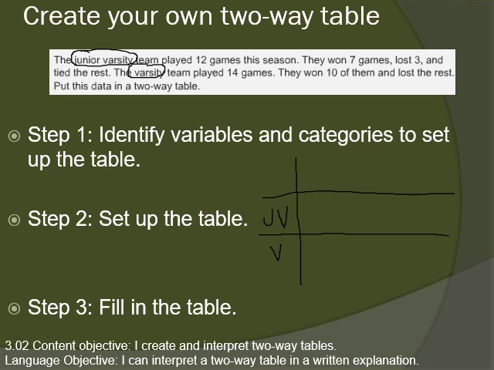And then the thing about the JV versus varsity is the games. So we're looking at win, lose, and tie. So the result of the game. So up here I'm going to say W for win, and then lost, and then tie over here.